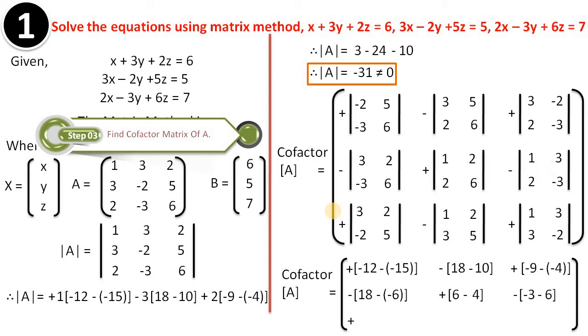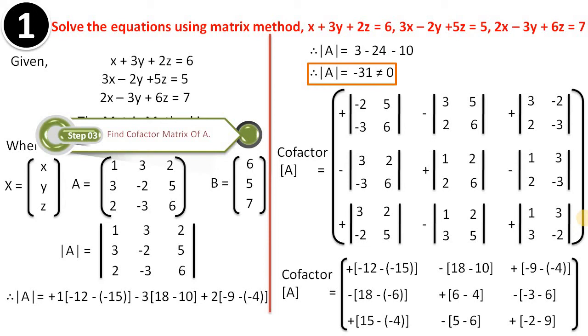Last row, plus 3 into 5 15, middle sign minus, 2 into minus 2 minus 4, minus 1 into 5 5, middle sign minus, 2 into 3 6, and last element plus and cross multiplication, 1 into minus 2 minus 2, middle sign minus, 3 into 3 9.